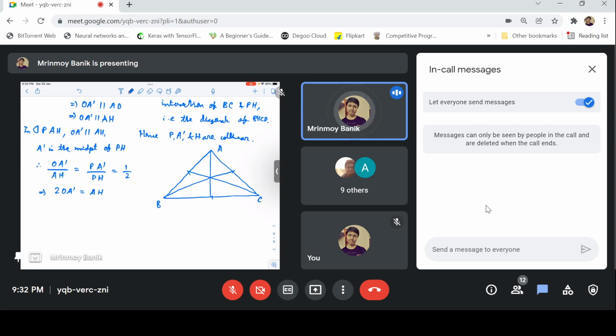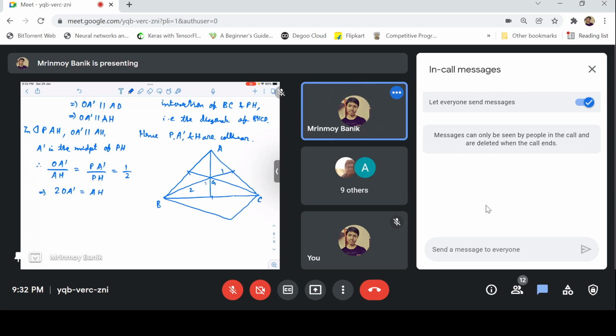Medians intersect at the centroid, and they intersect in a ratio of 2:1. This can be easily proved by the construction of protruding a parallelogram.